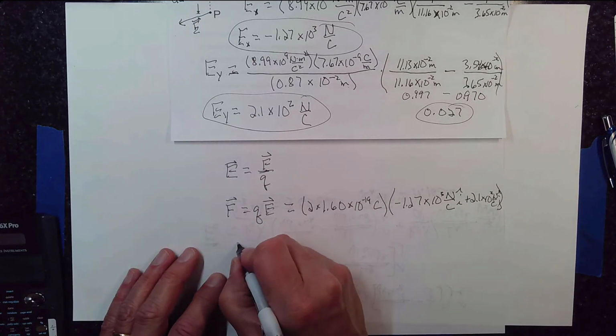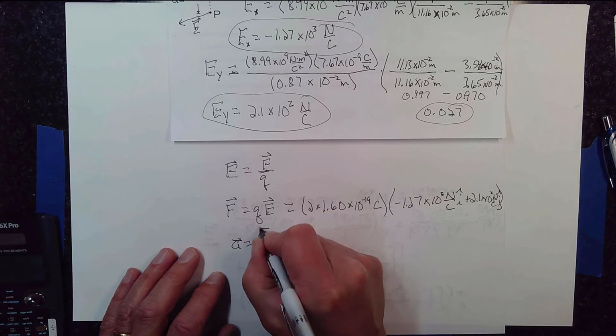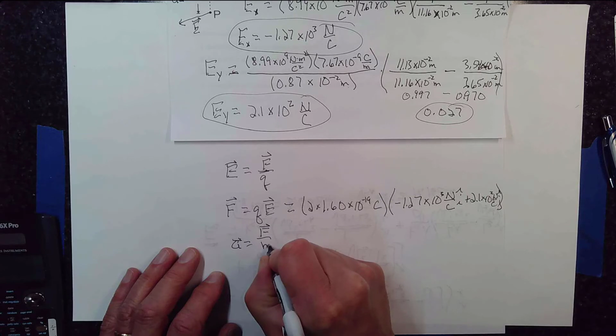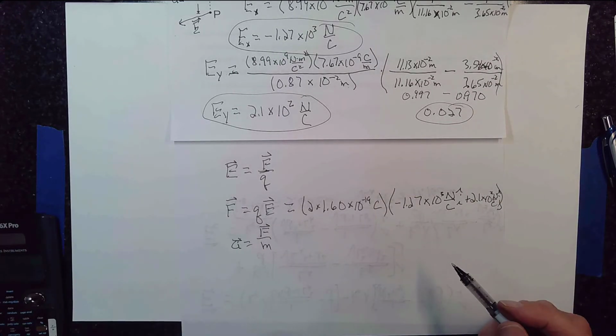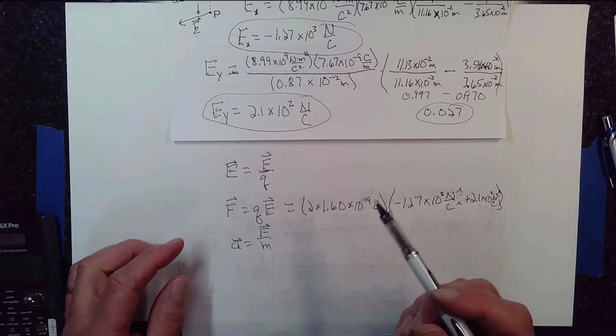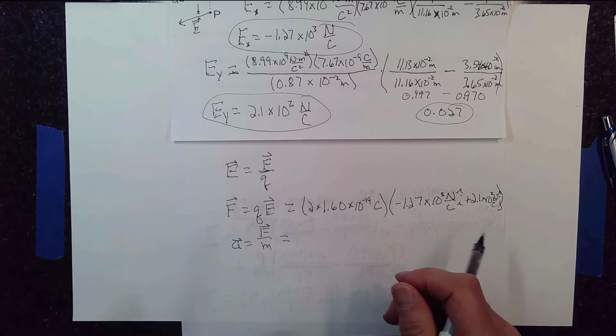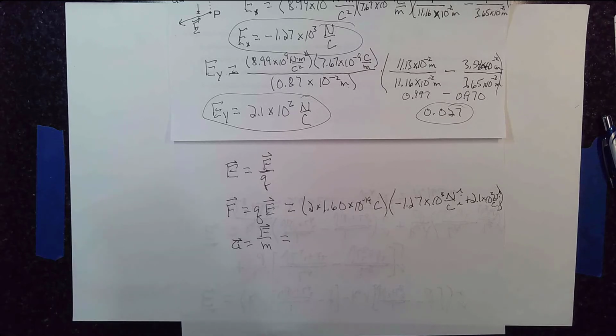The acceleration is going to be just like Newton's second law. It'll be the force divided by the mass. In this case, this electric force will be pretty much the entire force, because the acceleration due to gravity isn't particularly large. So I could calculate these 2 components of the force, divide each of them by the mass.